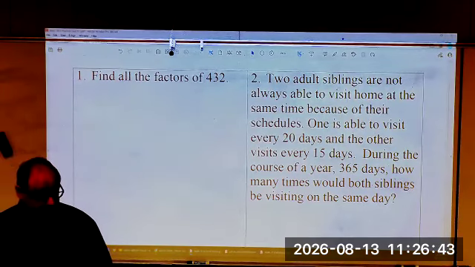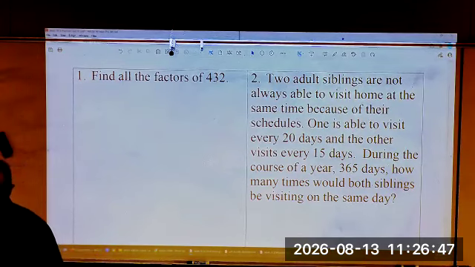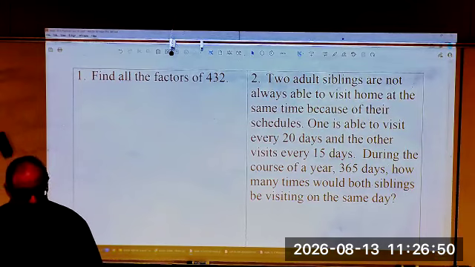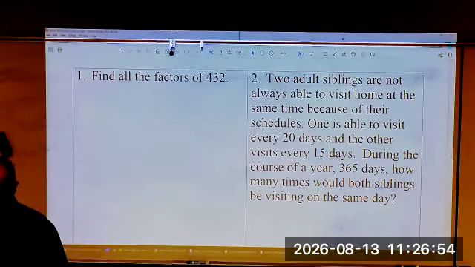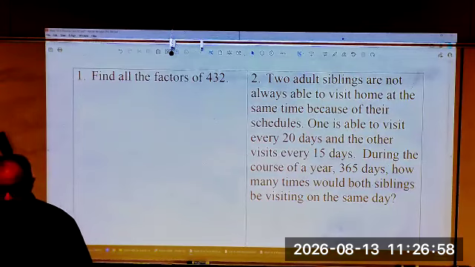Divisibility with a 3. This is divisible by 3. How can you check to see if 3 works, just by doing something quick, without actually dividing?